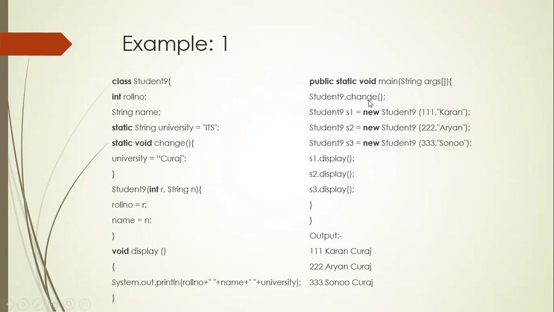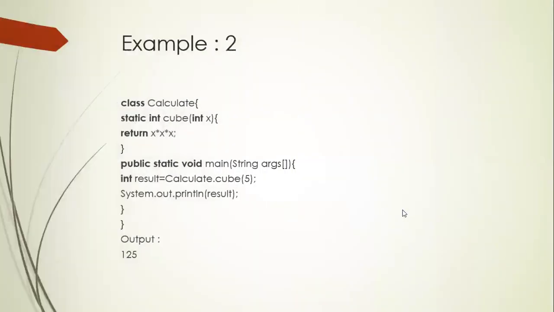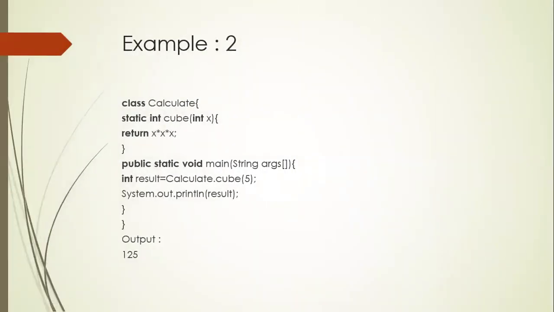But for the change method, I have never used objects. This is one of the advantages of the static method. What is the advantage? You can call static methods without using the object. That is one advantage, and the second advantage is you can initialize static variables.